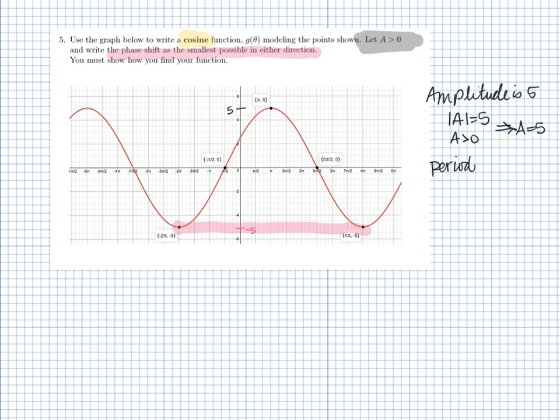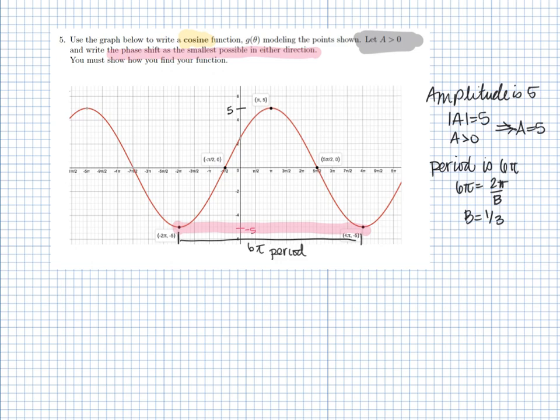We would need to look at the distance from here to here. In fact, it's probably easier to use the one that I highlighted in pink. So we know that the distance from negative 2 pi to 4 pi is actually a distance here of 6 pi. That's our period. So we know that 6 pi must equal 2 pi over b. So using cross multiplication, we understand then that b must be 1/3.